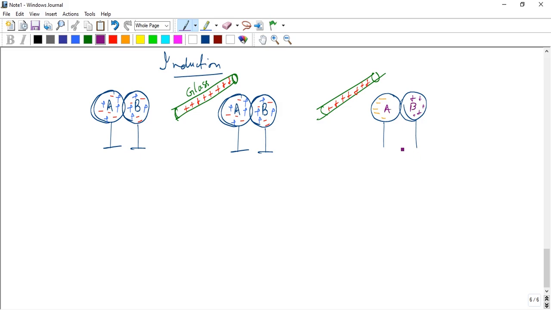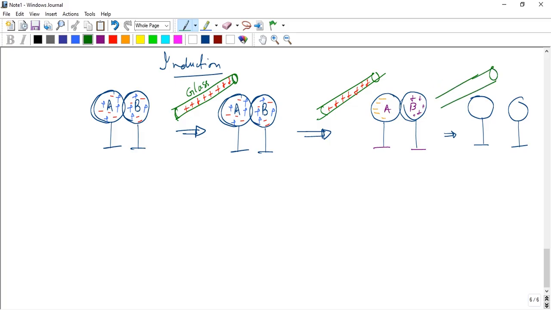Now we separate these two balls, with the glass rod still here.